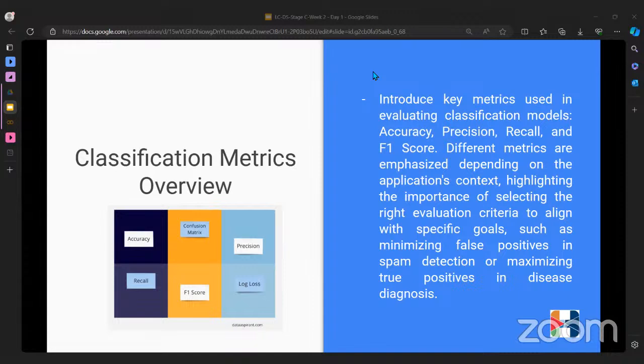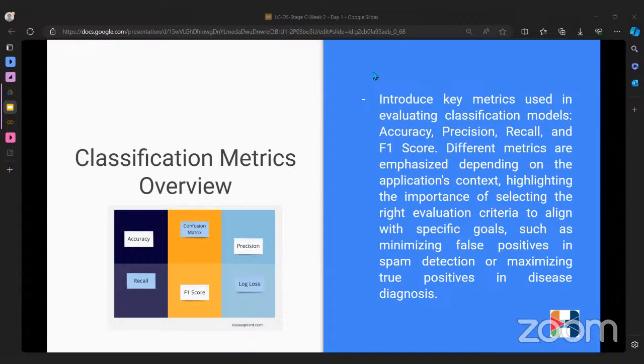Sometimes it can be misleading, especially in scenarios where the classes are imbalanced. You could have a high accuracy but it's misleading. You could have imbalanced data, for example when classifying yes and no, and the count of yes is far higher than that of no.